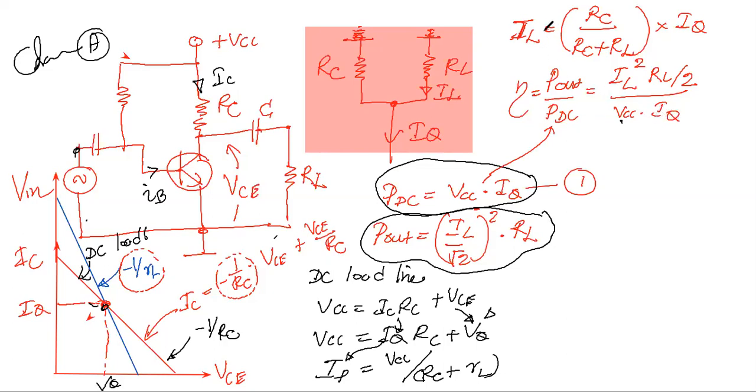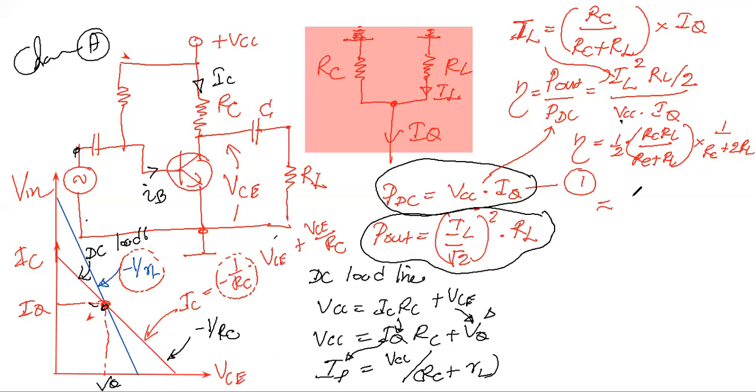And then I will substitute that IL to here, and then eta equal to half into RC RL divided by RC plus RL into 1 divided by RC plus 2RL, 2 into RL.